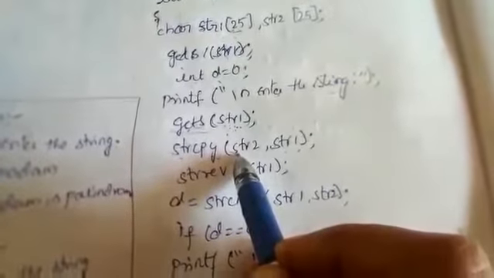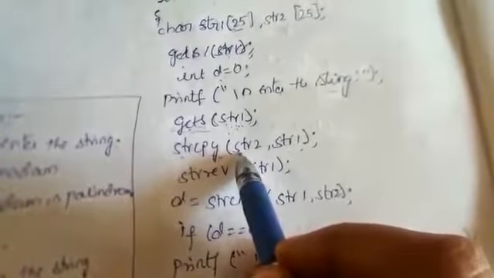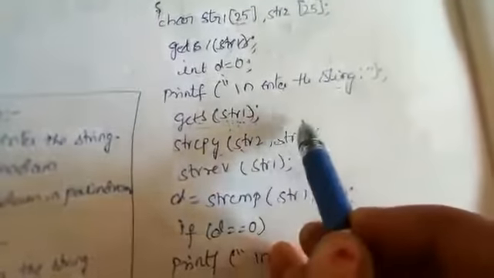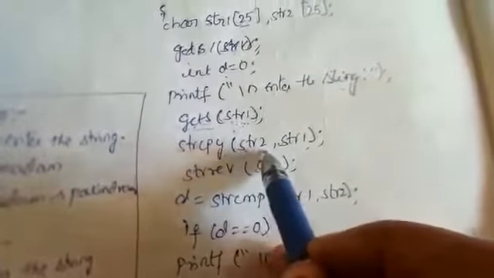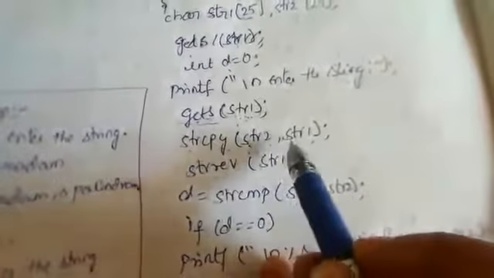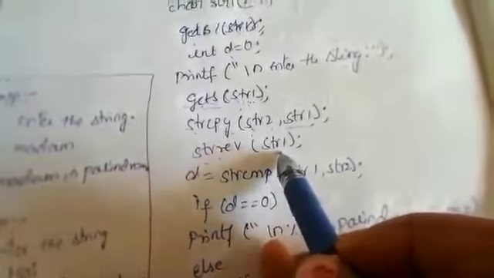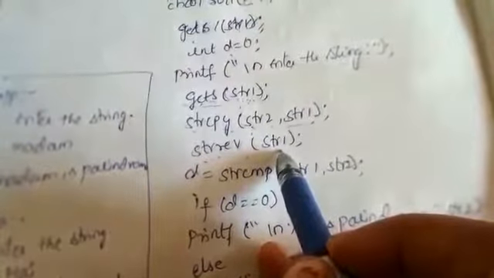We need to know whether the string is equal or not after reversing. For that reason, we store the source in another string, that is str2. Then we reverse str1. What is the function you have to use? strrev. Within the brackets, we give the string, so strrev(str1).